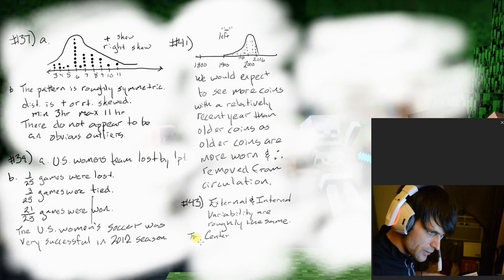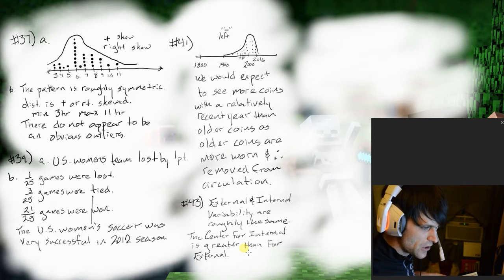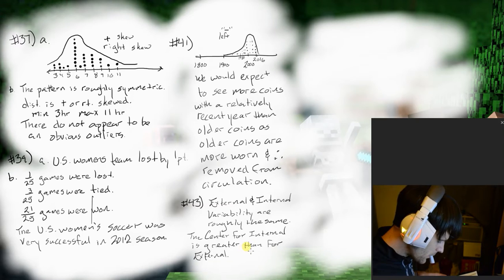The center for internal, that's the bottom distribution, is greater than for external. Okay, great. So we've got that. We've talked about the center. What else can we talk about for this particular one?